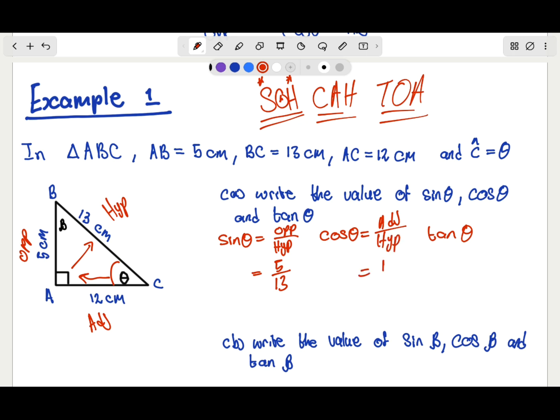Your adjacent side is 12, and your hypotenuse is 13. Okay. Now for tan of theta, according to SOHCAHTOA, it's opposite over adjacent. We discovered that our opposite in terms of theta is 5, and our adjacent is 12, and just like that, we have found your first answers.